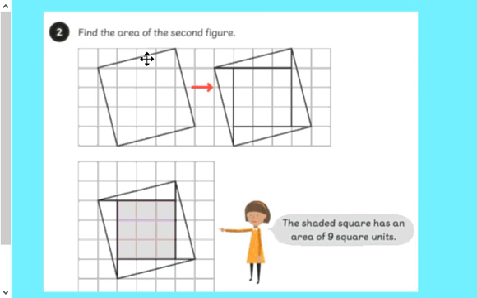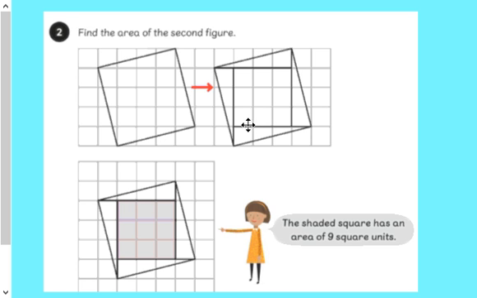Okay, the area of the second shape is a bit trickier. Well, I say trickier. I think it just looks a bit trickier. What I would want you to do is, just like we did just now, find a shape in the middle where you can calculate the area nice and simply.